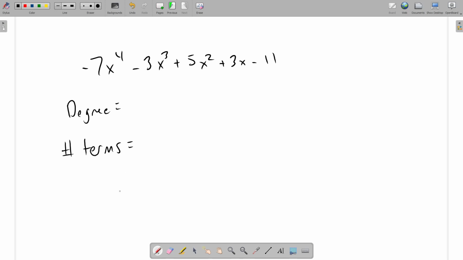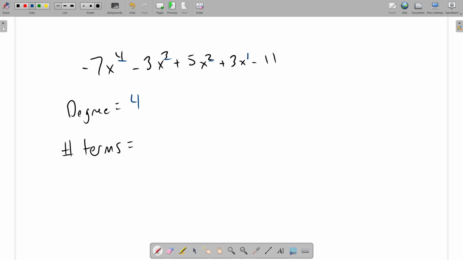So if we look at all of my exponents, we have a 4, we have a 3, a 2, a 1 is really hiding there, and then 0 over here. So the highest exponent in this polynomial that we just made up is 4. So this polynomial has a degree of 4.